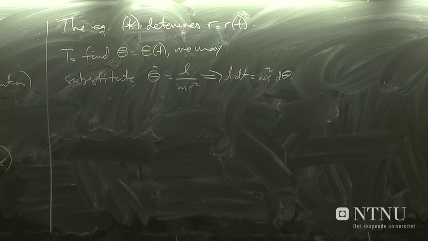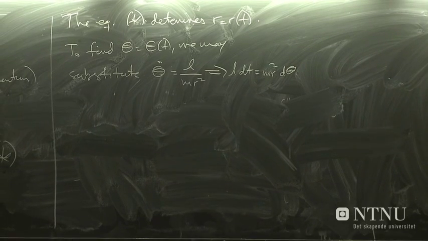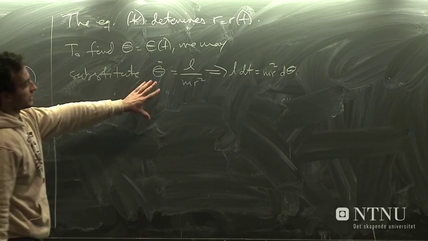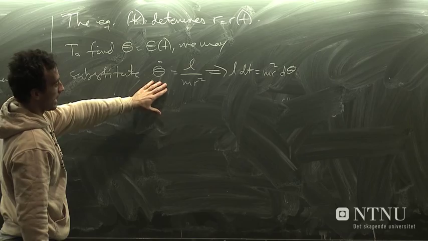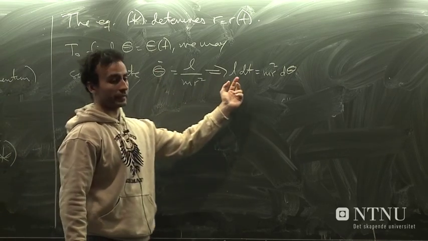So to find an equation of motion which gives us the angular dependence with time, we can substitute this conservation of angular momentum. This is the canonical momentum for theta, which can be written like this.